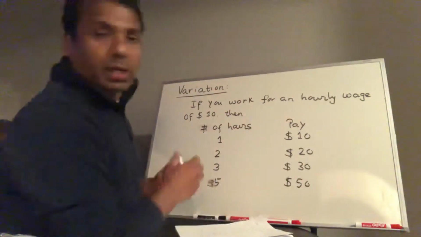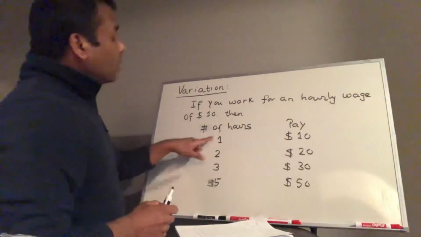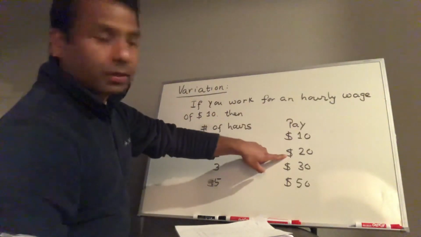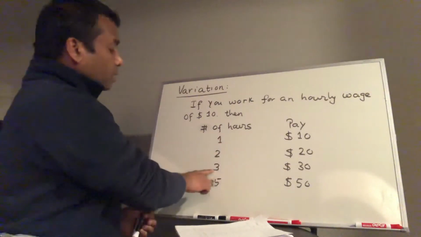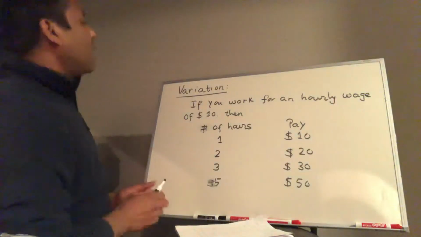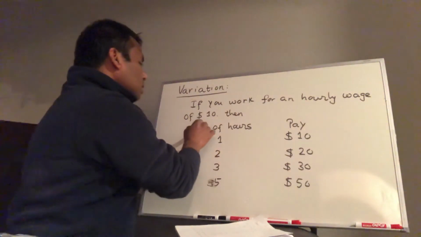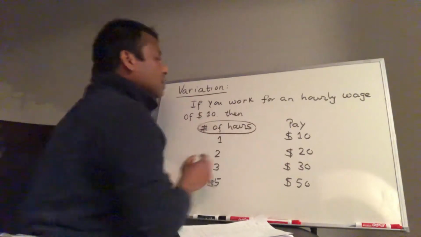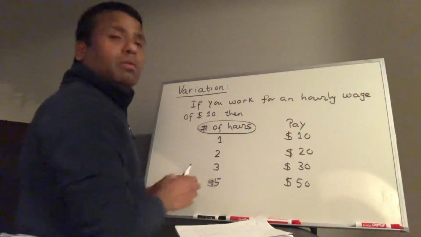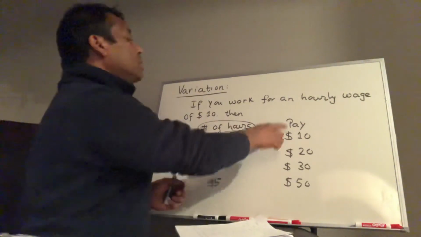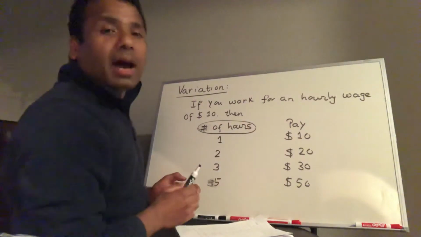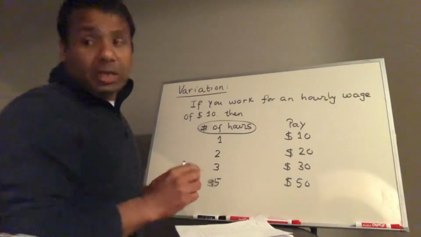So what you can observe here, as the number of hours double, your pay is also double, right? And as the number of hours triples, your pay also triples. So that means as the number of hours increased, pay also increased, and as the number of hours decreased, pay also decreased. So that means these two quantities, pay and number of hours, they are in a direct variation.